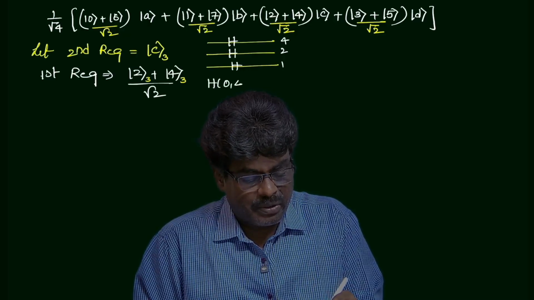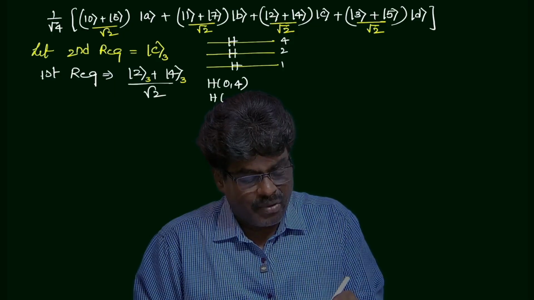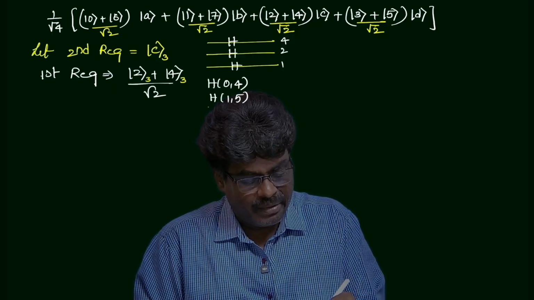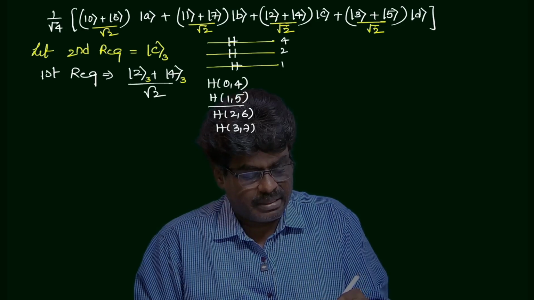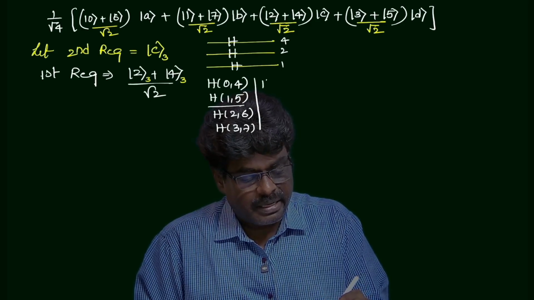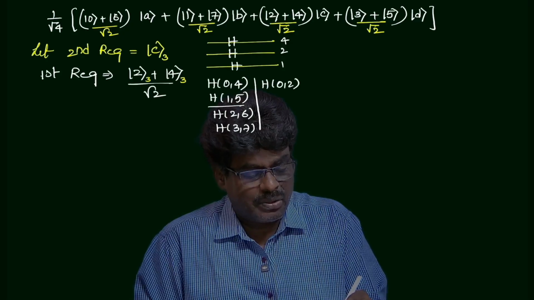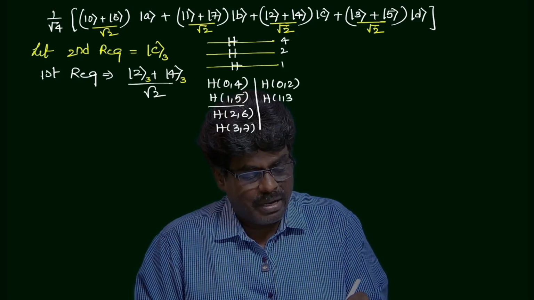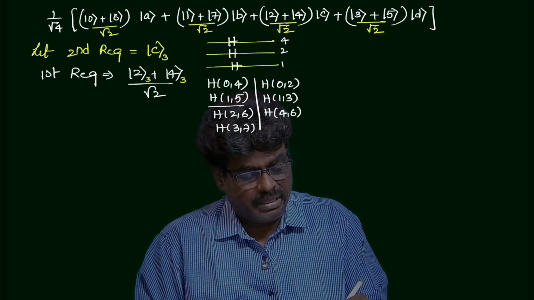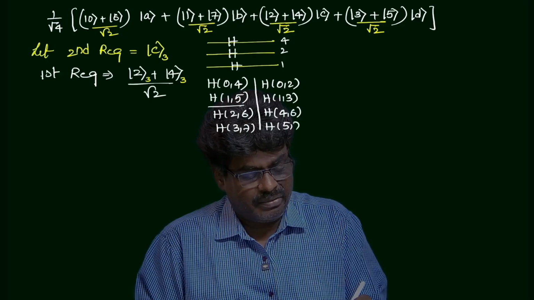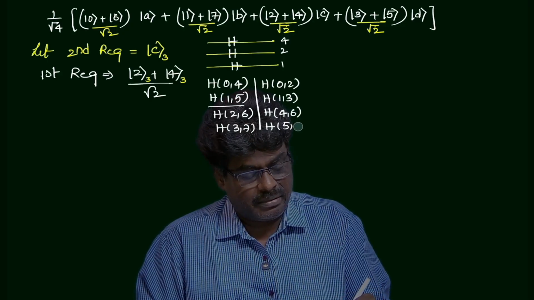H of 0 gives 0 comma 4, next adding 1, that is 1 comma 5, next adding 2, 2 comma 6, and H of 3 gives 3 comma 7. Next Hadamard on 2, that's why 0 comma 2, adding 1, 1 comma 3. Next adding 4, 4 comma 6 and 5 comma 7.